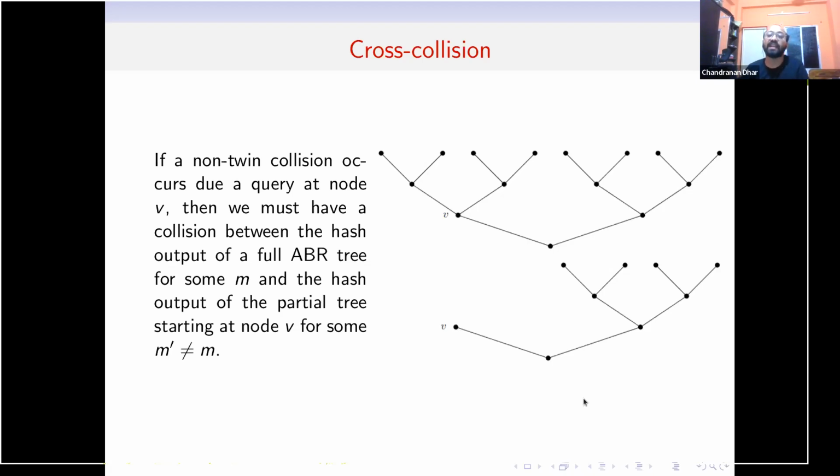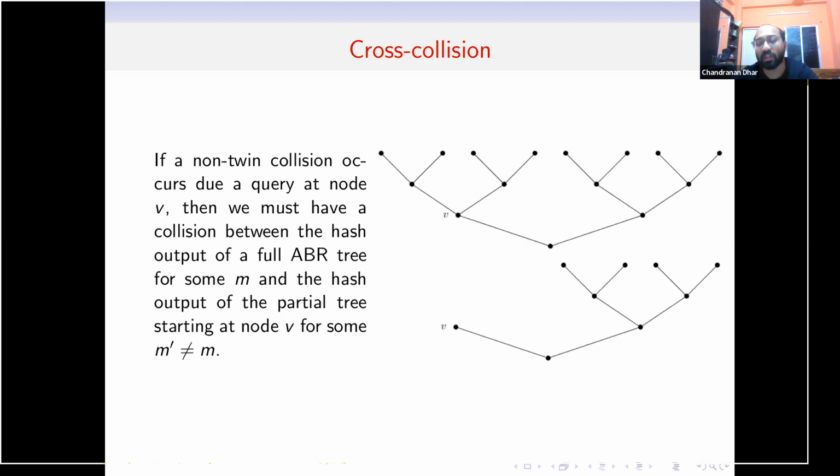What happens at the ith query is that one of the hash outputs matches one of the hash outputs at the node V. So the size of the cross collision is the number of such message pairs (M, M prime), where M is a full message and M prime is a partial message starting at the node V. If we have a bound for the cross collision, and if we can bound the load at the node V, then we can bound the cross collision probability.